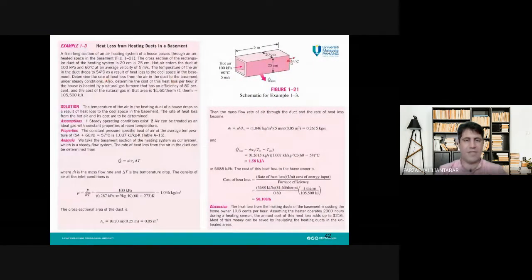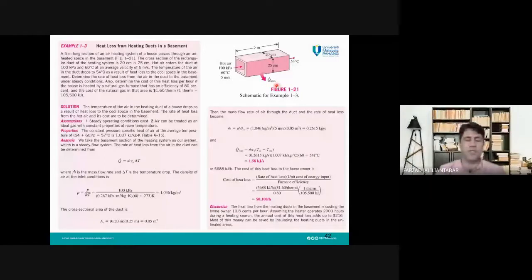Okay, so we have a duct, hot air inside the duct, cool air around the duct. We have to transfer from this hot air to the surroundings. That is the first part of the question. The second part, we need to determine the cost of this heat loss per hour. How much will this heat loss cost us?